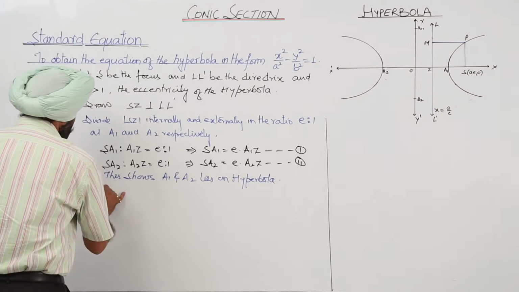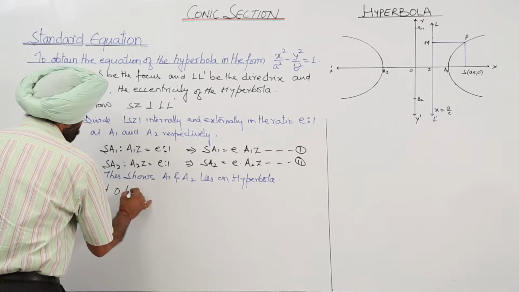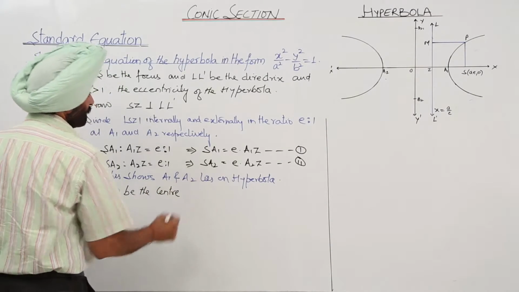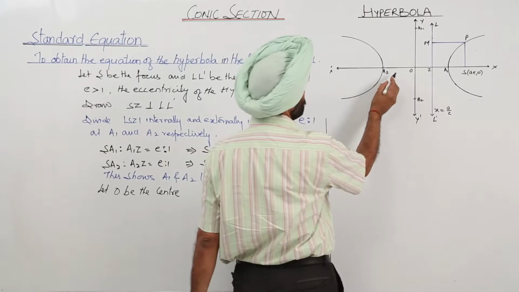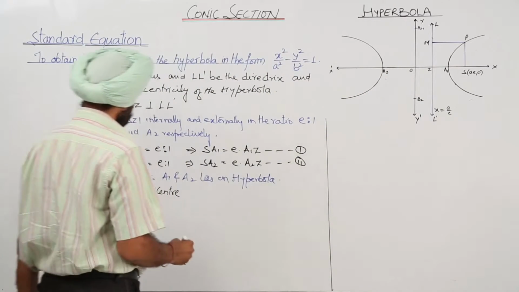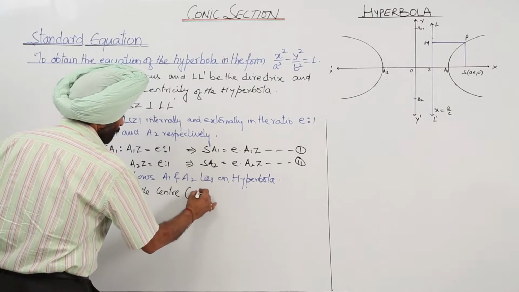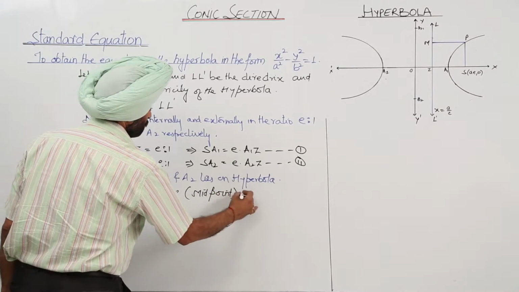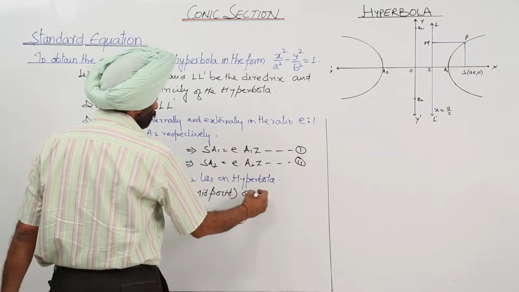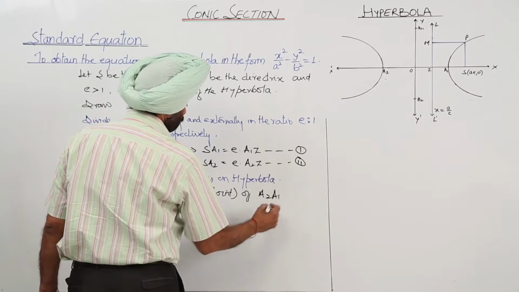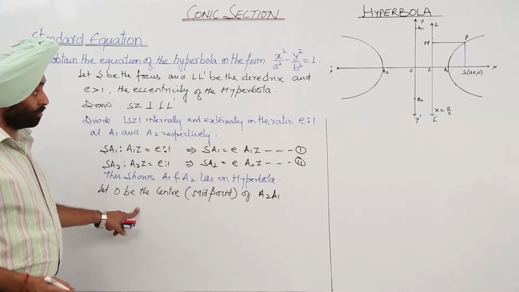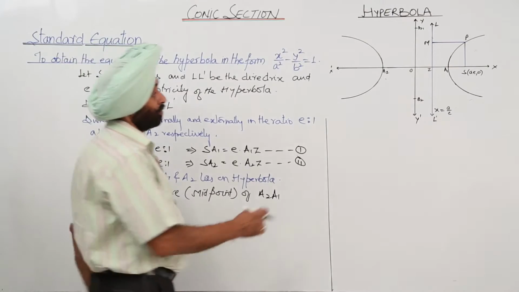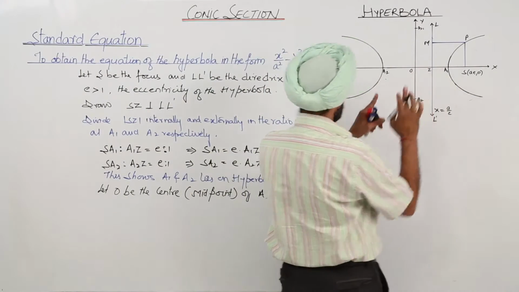Now let O be the center. O is marked here. O is the center, and also the midpoint of A2 A1.